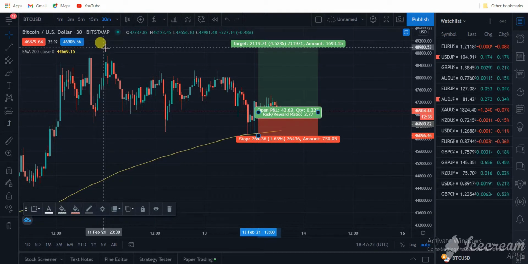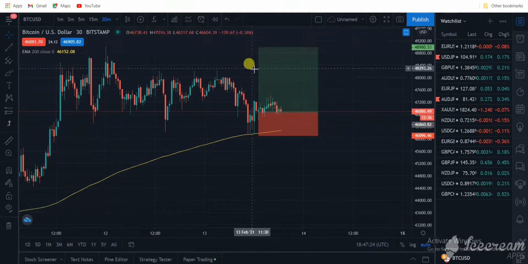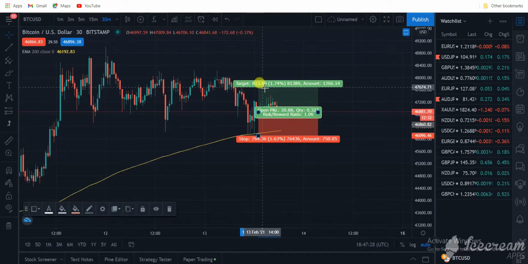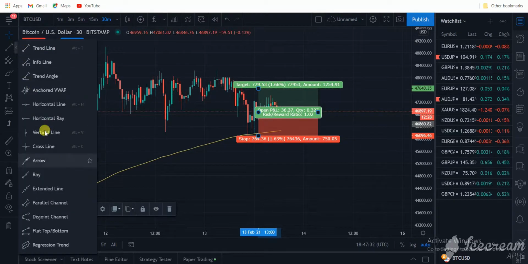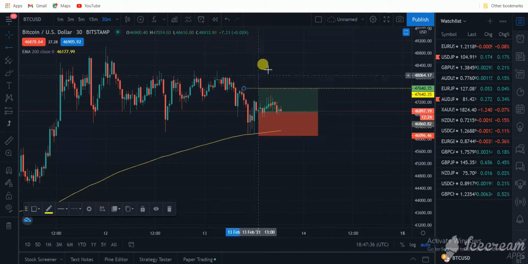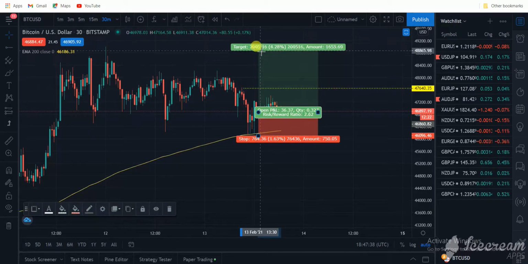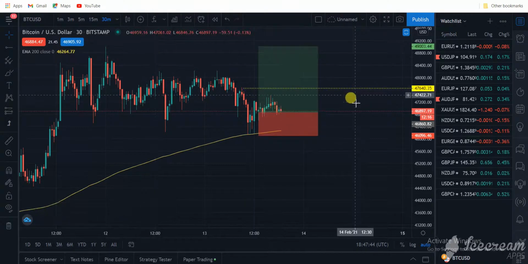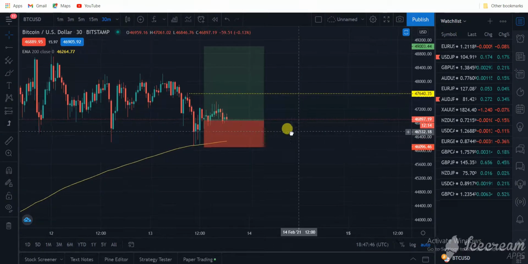But the main thing is we want to move our stops to break even once we hit a 1-to-1, as always guys. So let's bring out our horizontal ray and draw that from this point, so I can remember that's my 1-to-1, so I can close my trade on my MT4 account. This high is where I'm looking at for a 2.8 on this one trade. So let's wait for the result of this trade.